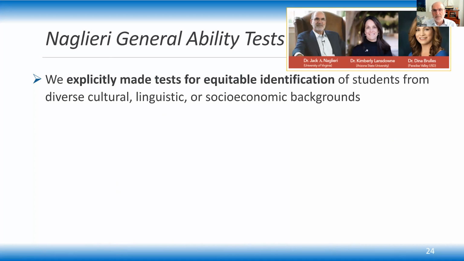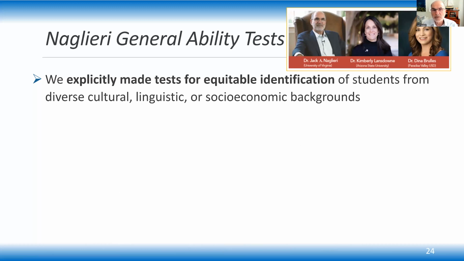I'll just say a few things, and I'm going to turn it over to Kim to finish the presentation for today. But we explicitly made these tests for equitable identification of students from culturally diverse backgrounds. And when I originally spoke with Kim and Dina about this idea, I had a particular publisher in mind.